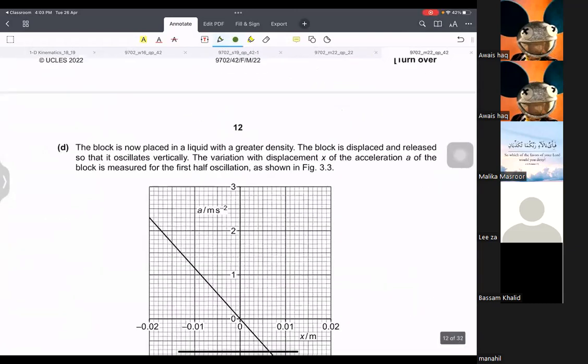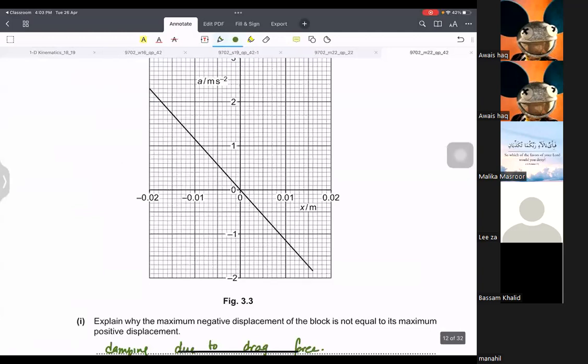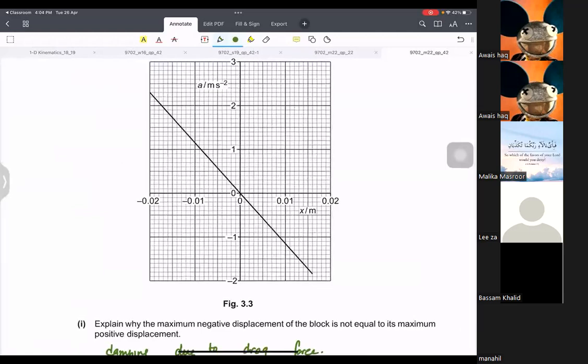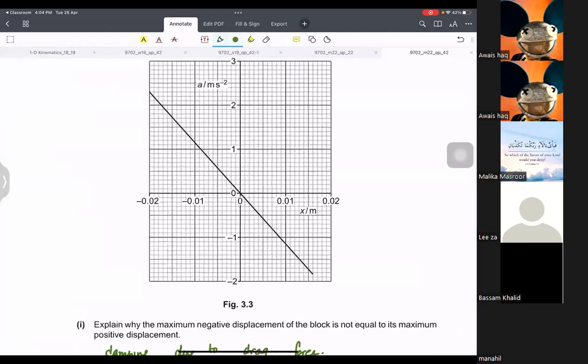Only this is given. So we can actually find the gradient of this line. So what to do? First half, I think it could be anything really. Let's take from here to here. This is greater displacement. Greater displacement means this should be the first half.